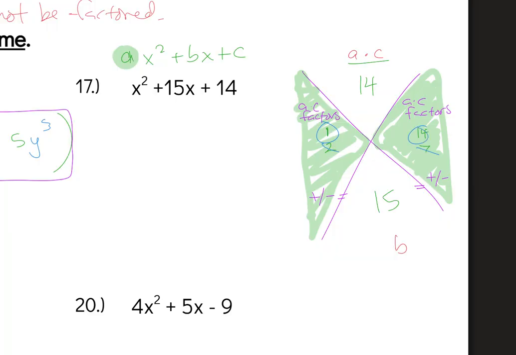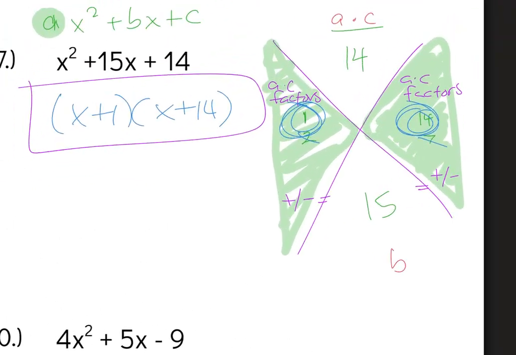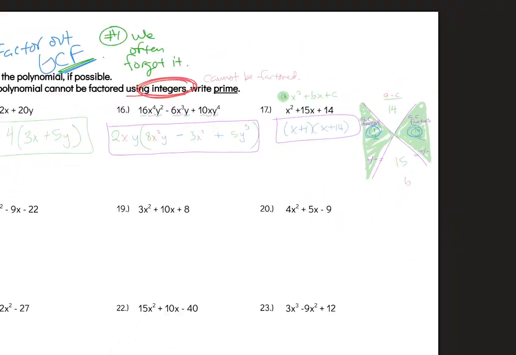I get to take these guys and just write my answer. I'm done. And if you're like, wait, I'm a little lost on why. Well, why don't you just distribute now and you would get x squared plus 14x plus x plus 14. You would get this, okay? And I'm pretty sure, 99.9% sure, all of you are 100% fine with how to do this.